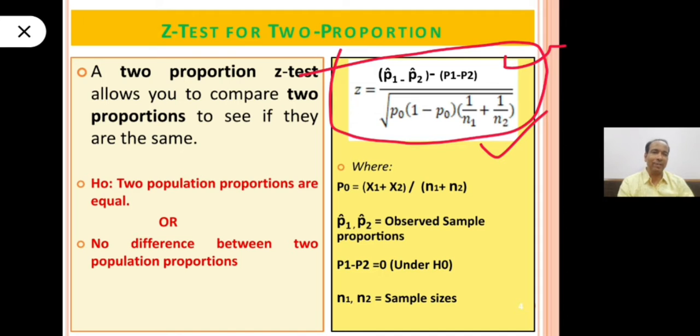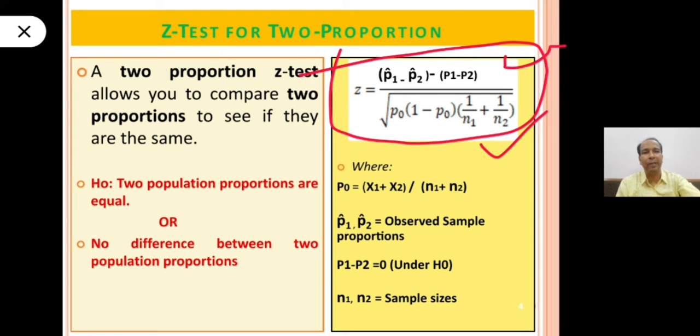So that is what the Z statistic for two proportions is, where P naught denotes x1 plus x2 upon n1 plus n2. x1 means observed values for sample 1, x2 is observed values for sample 2, n1 is the size of sample 1, n2 is the size of sample 2. So that is what we need to calculate for our Z statistic.